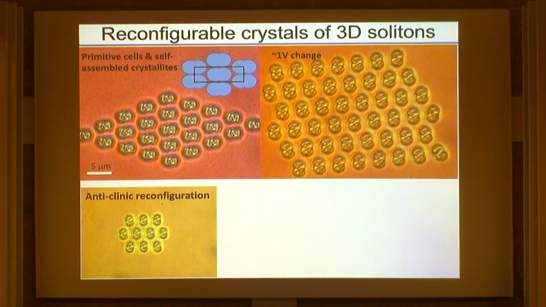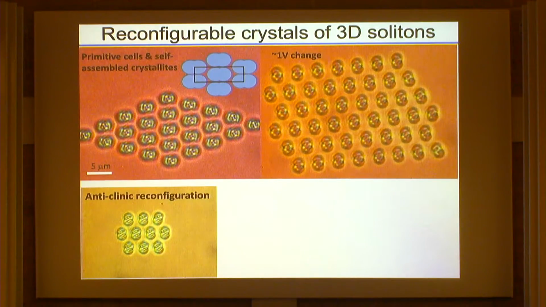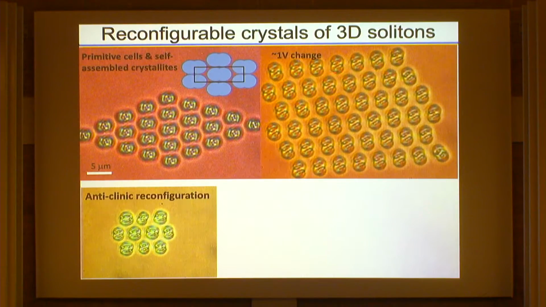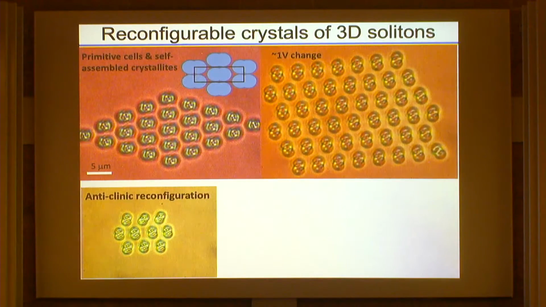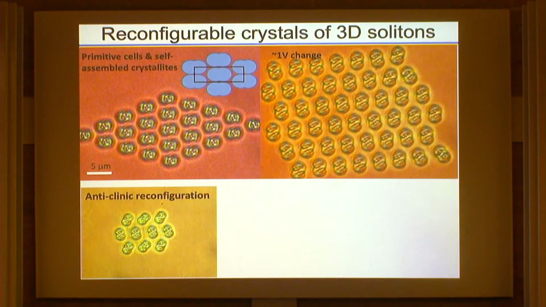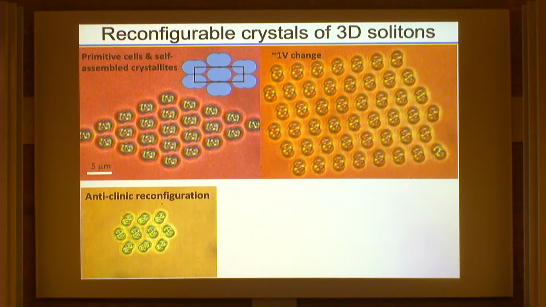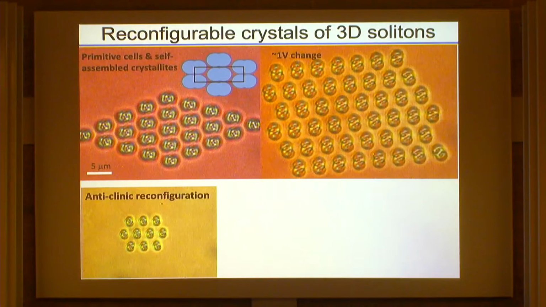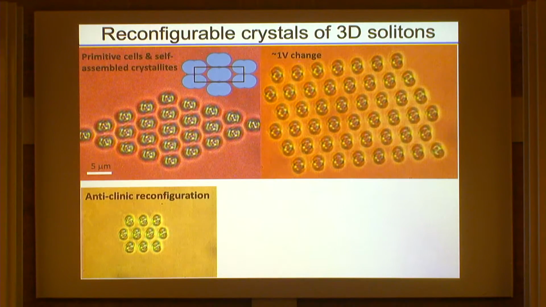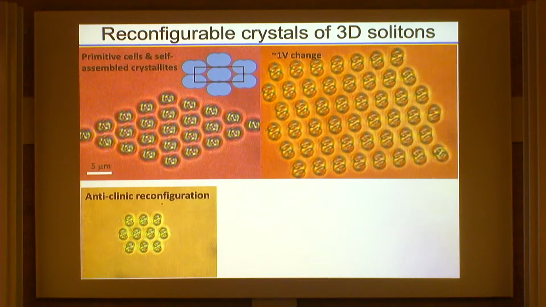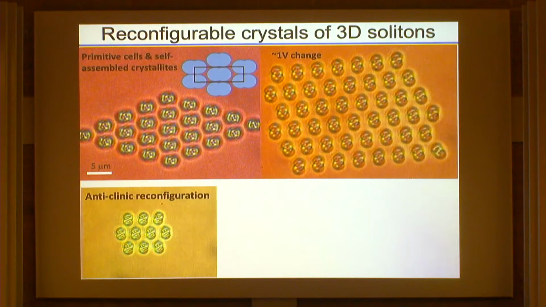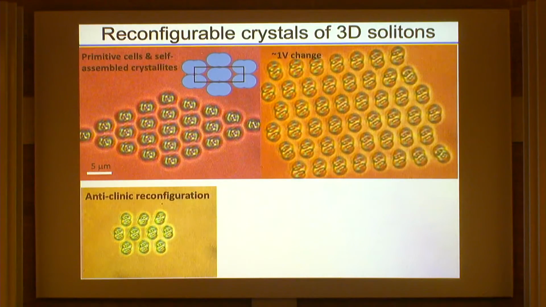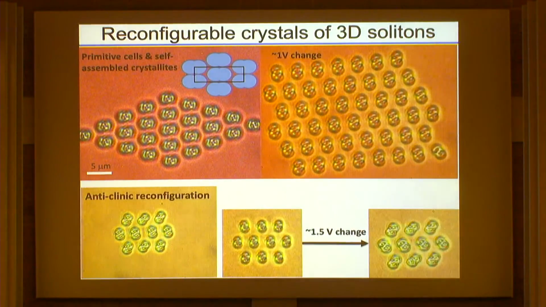And again, this is because of the presence of these attractive interactions. As you then change the applied external field just by 1 volt or so, you can see that we have very strong deformations of the lattice, very significant electrostriction.